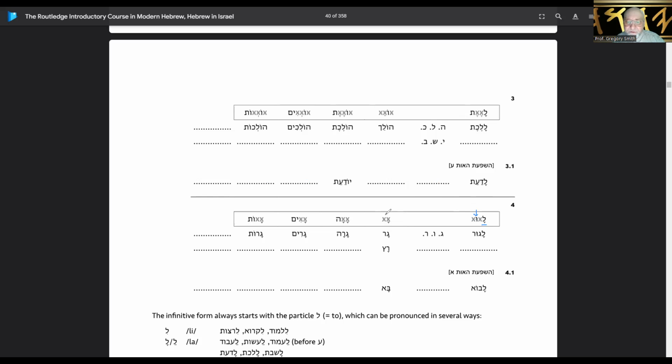And then it's showing, here's the pattern for the masculine singular, komets. Here's the pattern for the feminine singular, komets, komets. Here's the pattern for the masculine or mixed plural, komets, hirik, yod pattern. And here's the pattern for the feminine plural, komets, holem. Look at that.